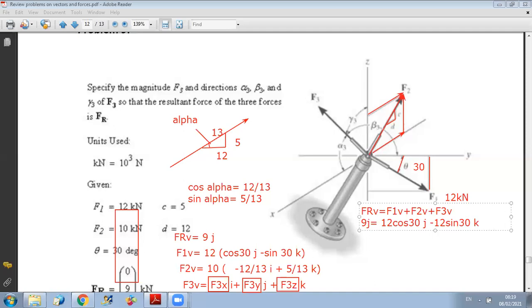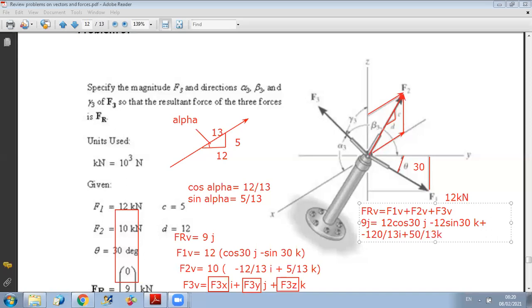It's 12 cosine 30 j minus 12 sine 30 k. Now for F2, it's plus minus 120 over 13 i and plus 50 over 13 k.